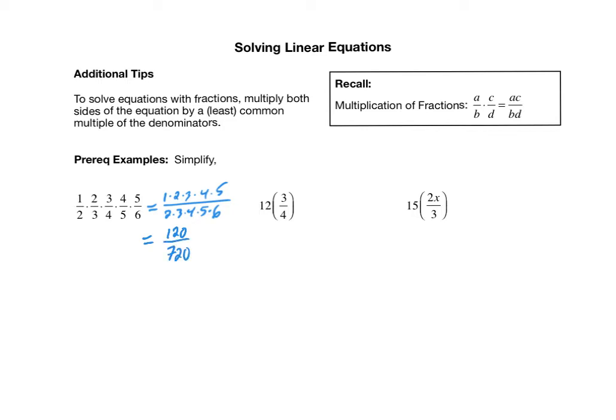Then, of course, you would have to reduce that. You'd have to think, what common factors do both 120 and 720 have that you can divide out? Well, actually, 120 is a factor of 720 itself. So 120 goes into 120 once, and 120 goes into 720 6 times. So this expression simplifies to the fraction 1/6.